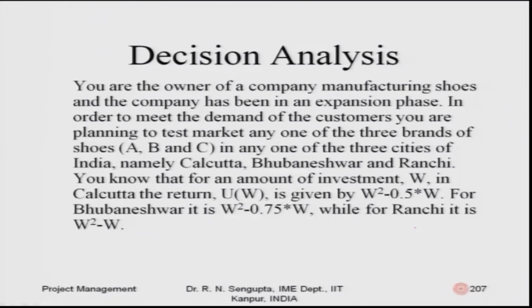For Bhubaneswar it is some other quadratic function, for Ranchi it is another quadratic utility function. You will be using the quadratic utility functions with different parameters, minus 0.5, minus 0.75 and minus 1 for the 3 different cities, and then multiply those utilities with the corresponding probabilities and try to find out the best equivalence for the expected value.